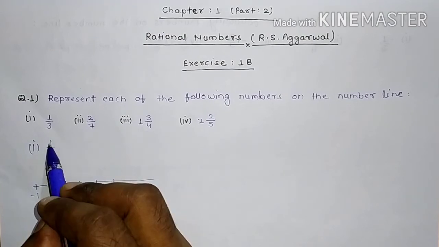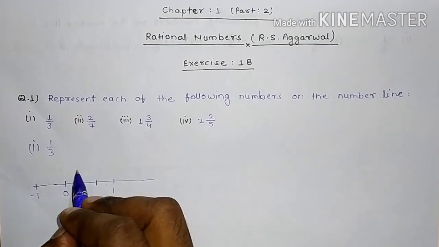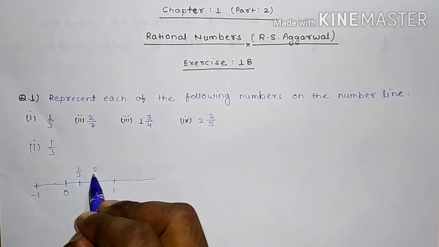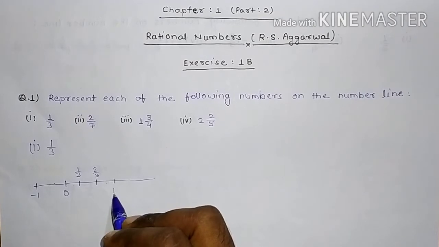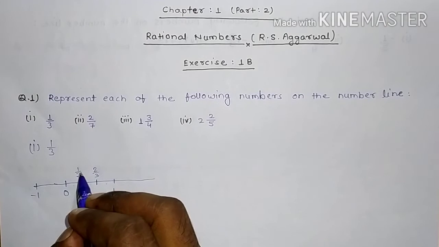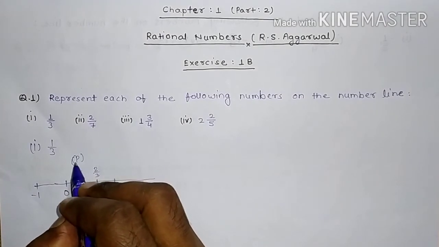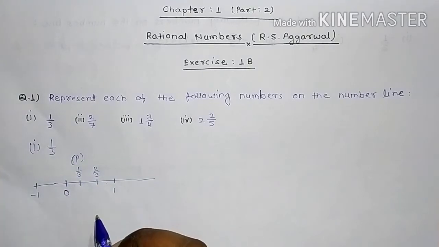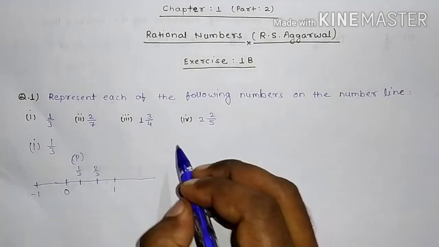Now numerator is 1 here, so just move from 0 to right side, that is 1. So this point is 1 by 3. Now this is 2 by 3, and this is 3 by 3, that becomes 1. Now we have to show this point 1 by 3 on the number line. So this is point P, and P equals to 1 by 3. This is very simple.